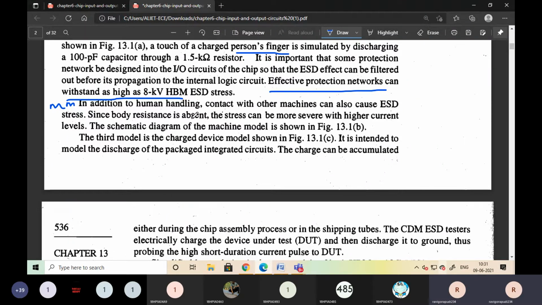In addition to human handling, contact with other machines can also cause ESD. When the IC is interacting with other machines, some ESD will occur. Electrostatic discharge will occur due to the ICs touching the machines.